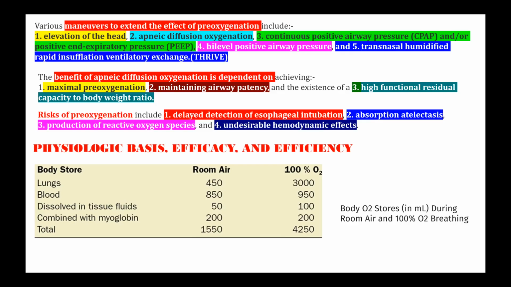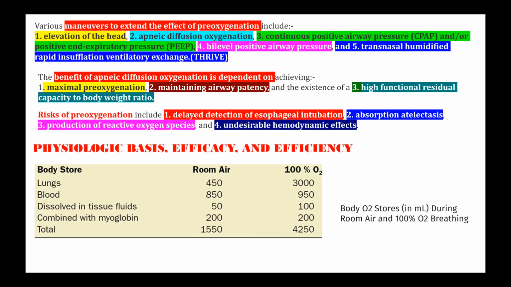That is roughly about 500. Yes, it is given here as 450. Okay, one-fifth of this 2500 ml of air is oxygen. So when a patient breathes room air, the functional residual capacity contains roughly about 450 to 500 ml of oxygen. The rest is all nitrogen because it is air.